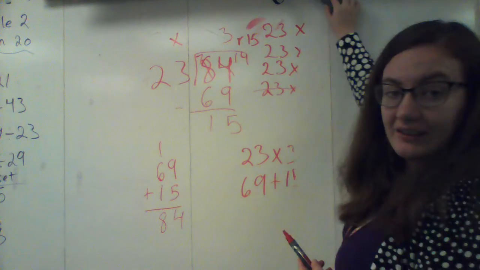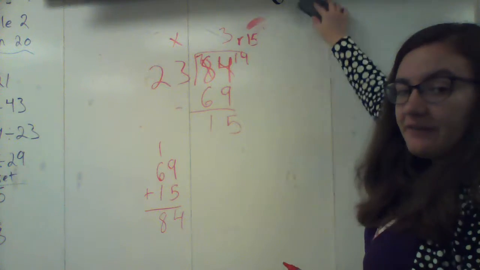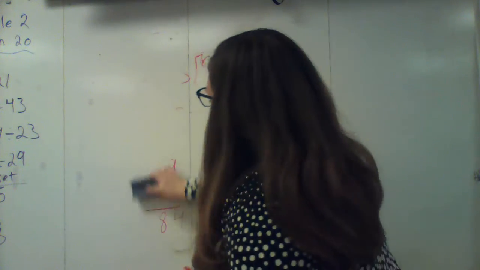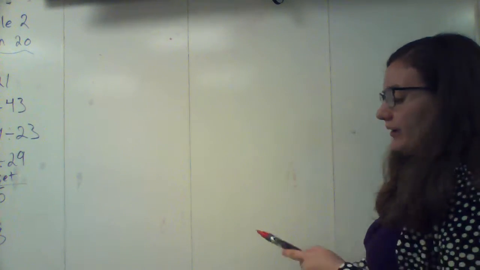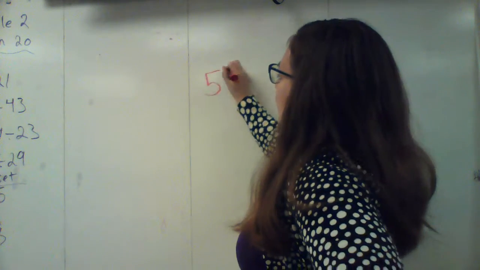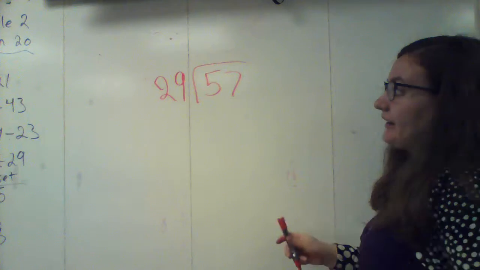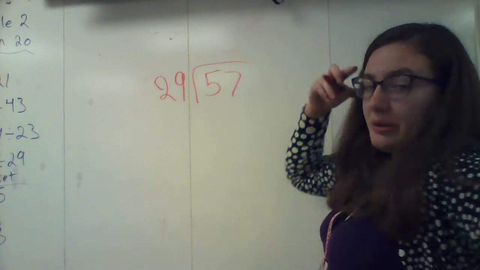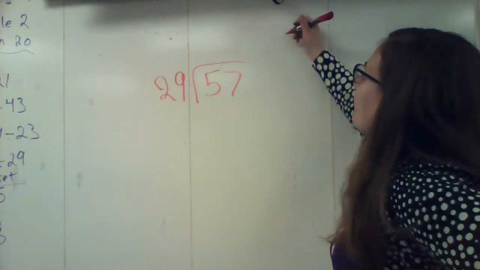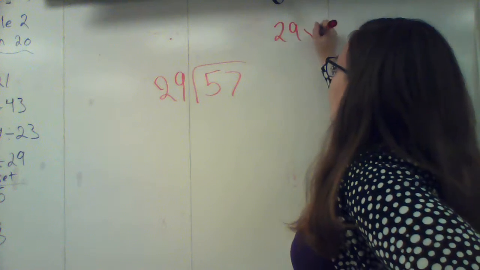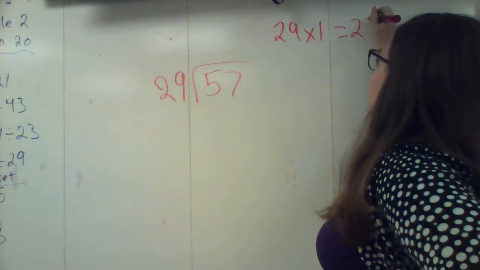And remember, you're trying this on your own, and then you are fixing it. So for the last problem, we have 57 divided by 29. So 29 into 57. This should be a really quick, easy one for you, but if we need to think about it, we'll do 29 times 1, that equals 29.